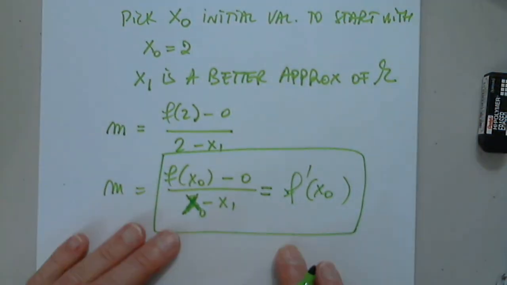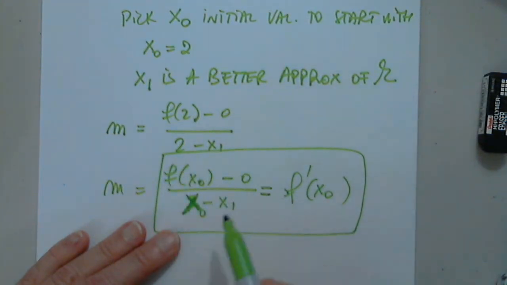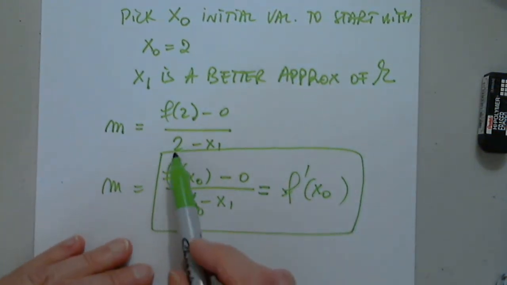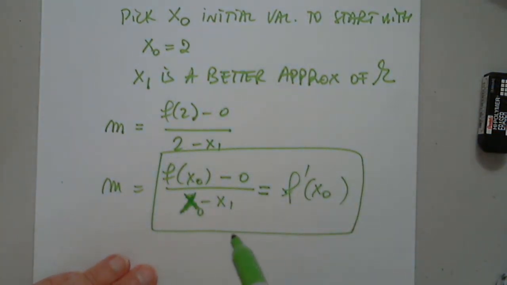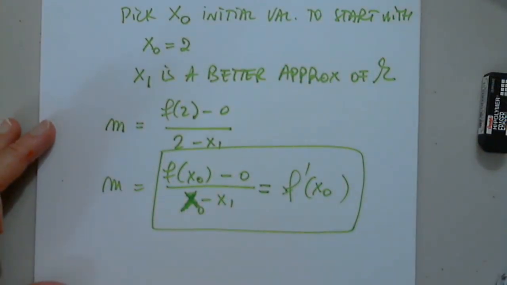Okay. So I have an equation. This I picked. This I have. This is 0. This I picked. This I can determine. What do you think is the unknown here that I want to solve for? What is the only unknown here?